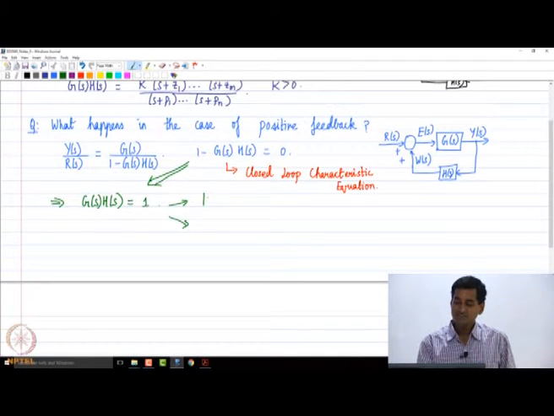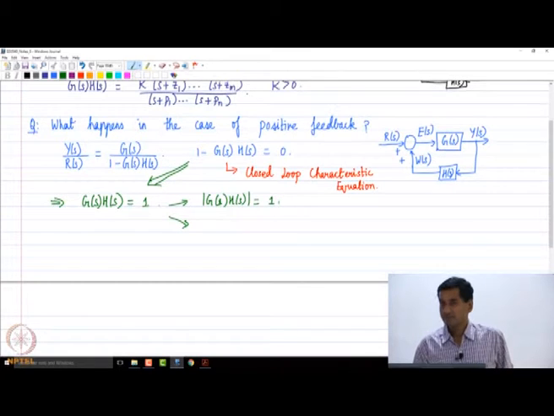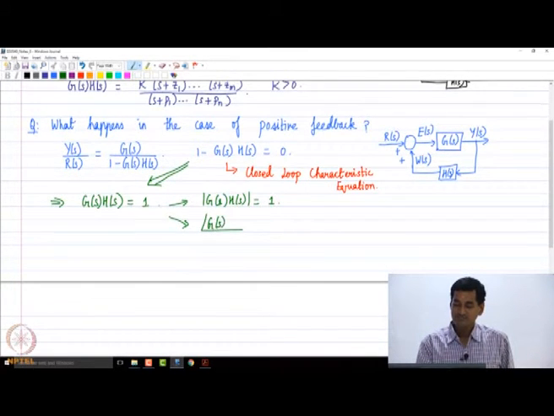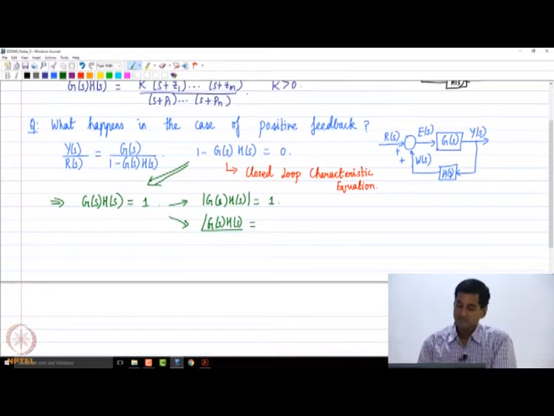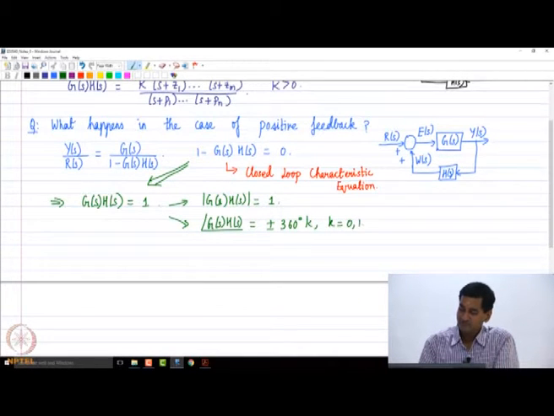This will once again give us two conditions. The magnitude condition is that the magnitude of G of s H of s is equal to 1. The magnitude remains the same, but the main difference is in the phase. Now we see that +1 is on the positive real axis, so the phase of G of s H of s is going to be an even multiple of pi, 0 included.